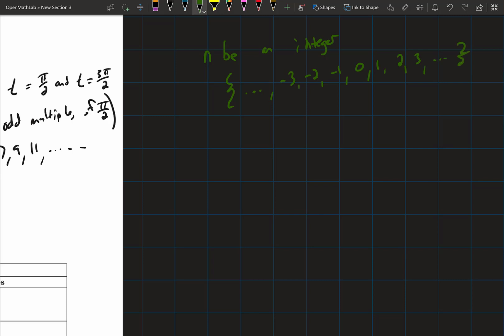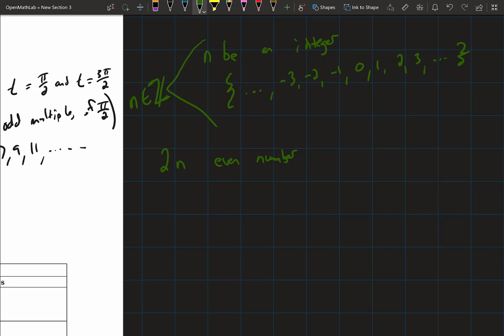Another way to write this same thing is n epsilon, and then the symbol for integers, a boldface Z. That would mean the same thing. We're just saying n is an integer. If I take 2 times n, what this guarantees is I have an even number. Twice any integer is going to be an even number. That's what an even number is, a number that's divisible by 2.